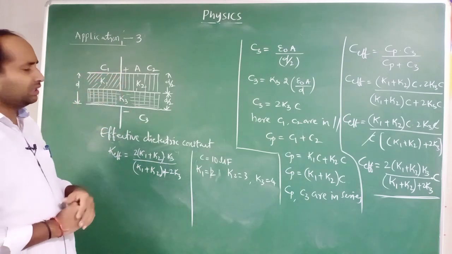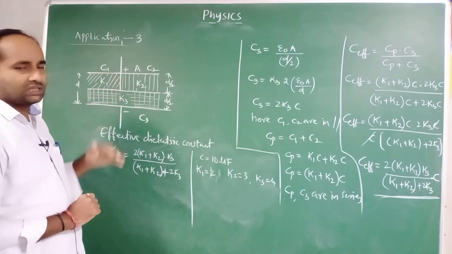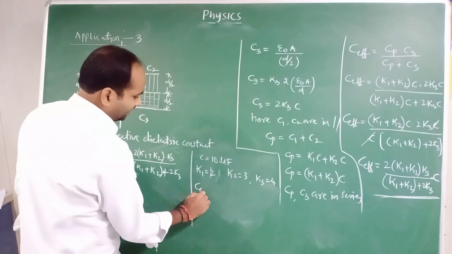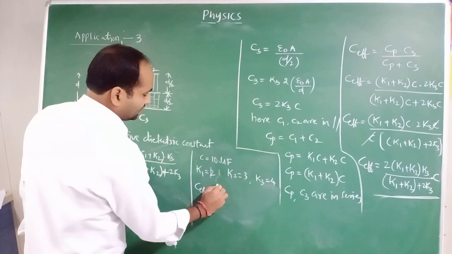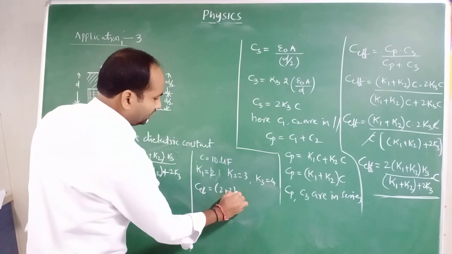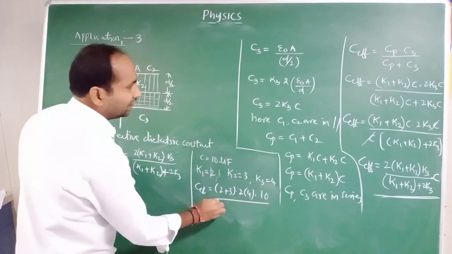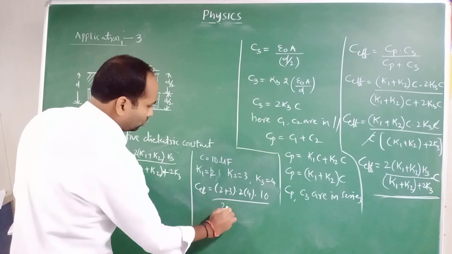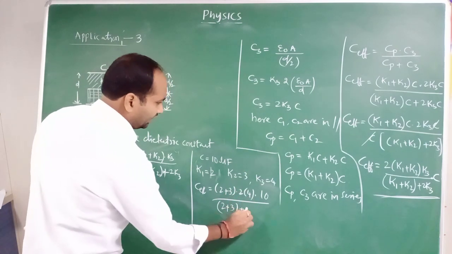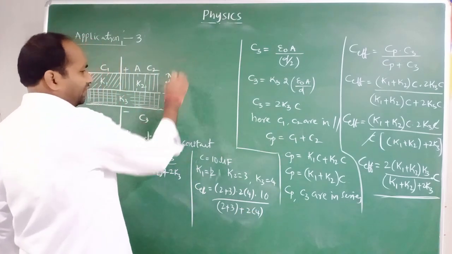Then what should be the effective capacitance? What is the formula? C effective is equal to K1 plus K2, that is 2 plus 3, into 2K3, 2 into 4, into C, 10, by K1 plus K2, again 2 plus 3, plus 2K3, 2 into 4.